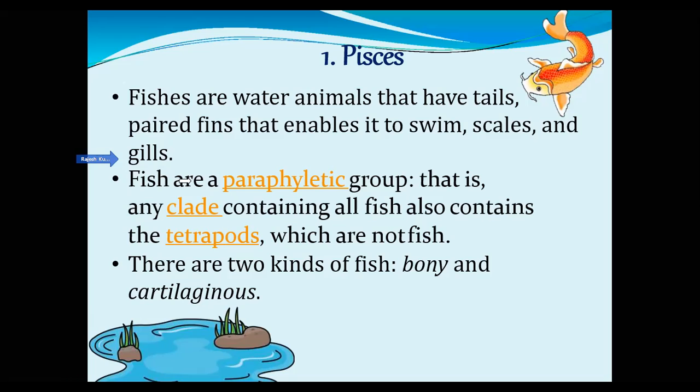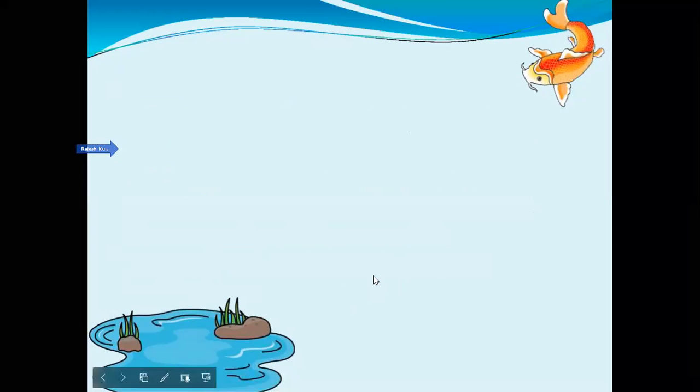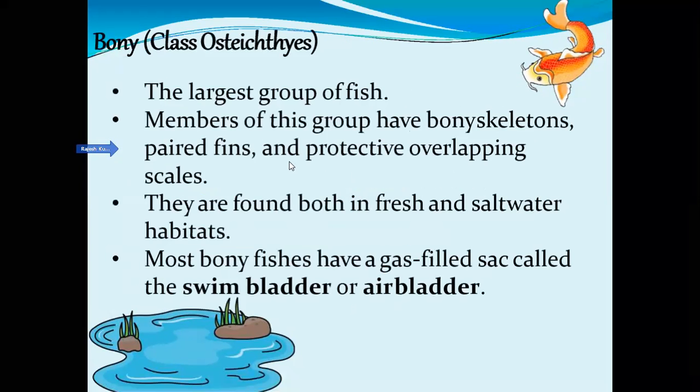Okay, there are two kinds of fishes, bony and cartilaginous. We have already discussed this. The largest group of fishes is bony. Most of the fishes are bony fishes, and they are many in number.